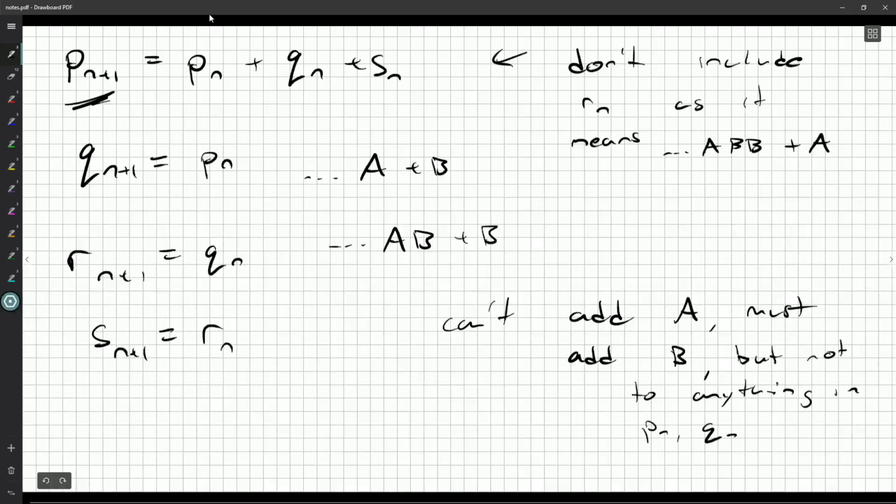So it's just, you take anything in Rn, add on a B, or take anything in Sn and add on a B. Okay, so that should work. So the Sn's are just strings that end in too many B's, almost, to be useful for ABBAs. But now that I've got that relationship, I can make this chart a lot faster.